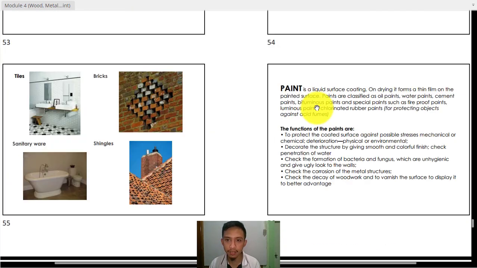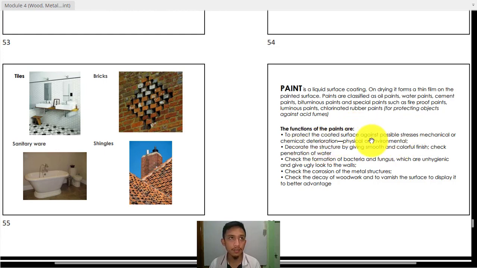So we have here your functions. So to protect the coated surface against possible stresses, mechanical or chemical, deterioration, physical or environmental. So we are using paints, of course, to protect, for example, mostly your roofings against environmental deterioration.